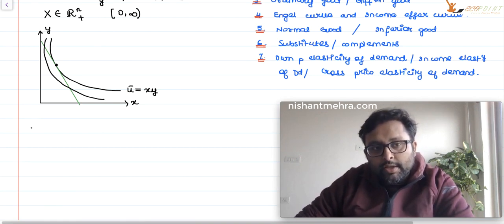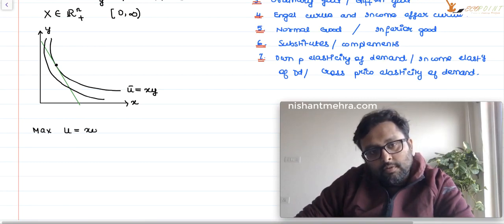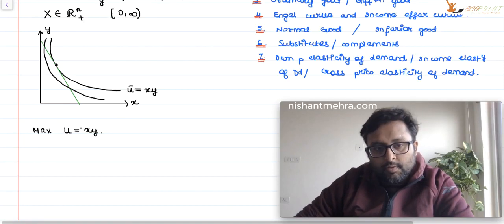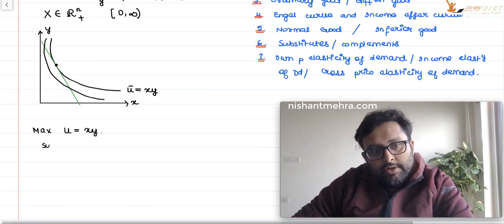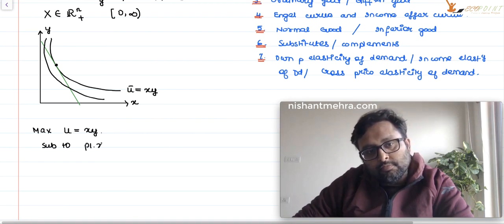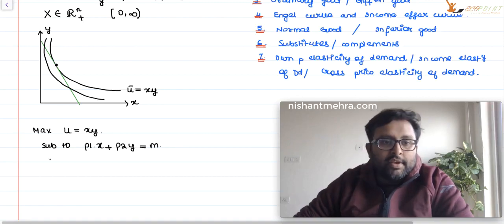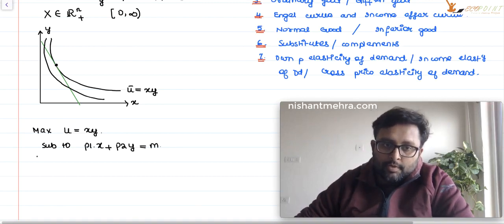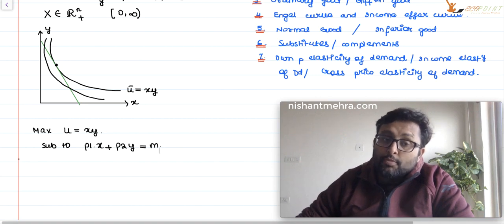What you're doing here is maximizing u equals xy, which is the utility maximization, subject to p1x plus p2y equals m. That's the constraint. So you want to maximize this utility subject to this constraint.